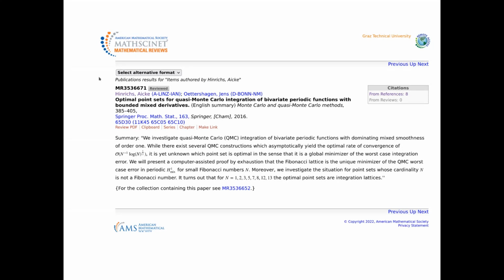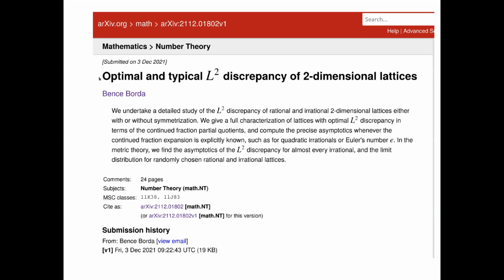And I want to point out also quite a recent paper, which builds on another paper that we used to argue that lattice points are very well to consider. This is a recent paper by Ben Sporter on arXiv, characterizing the rational and irrational two-dimensional lattices.